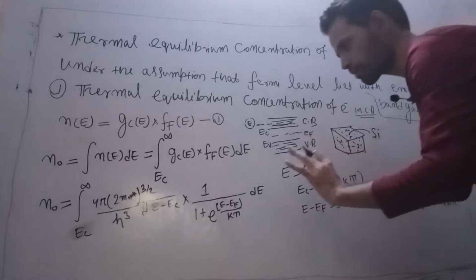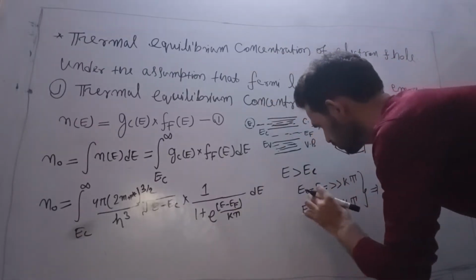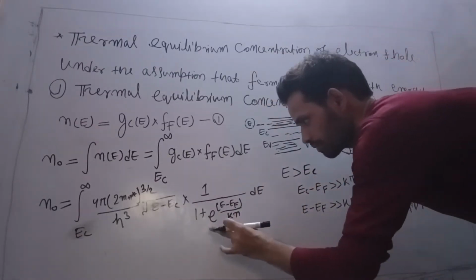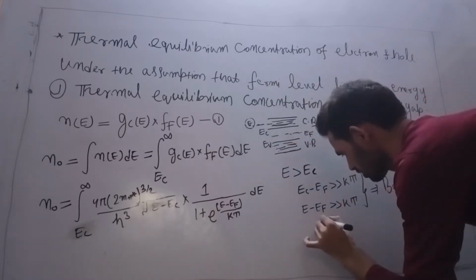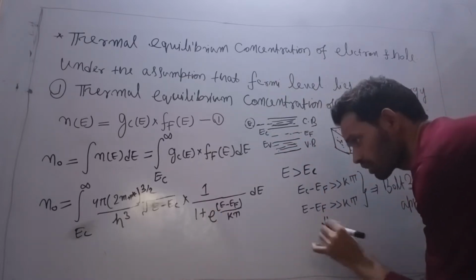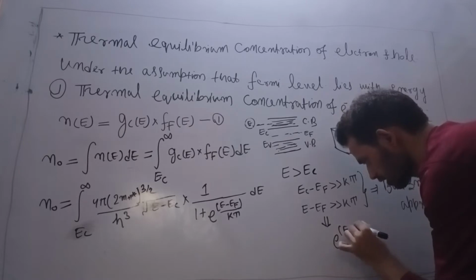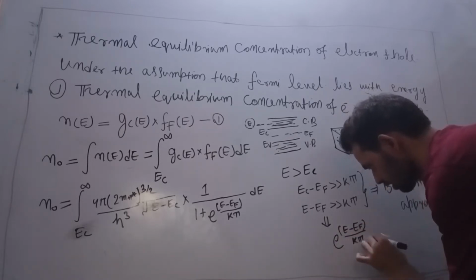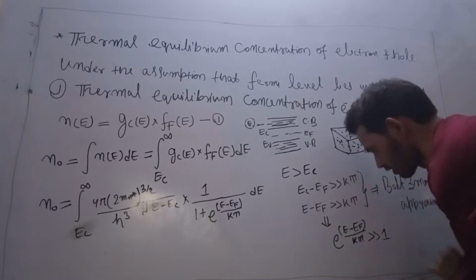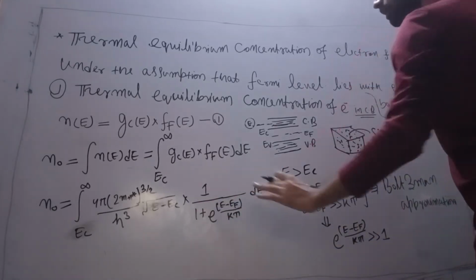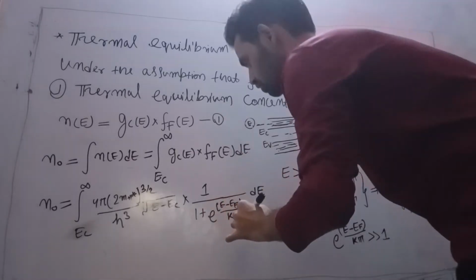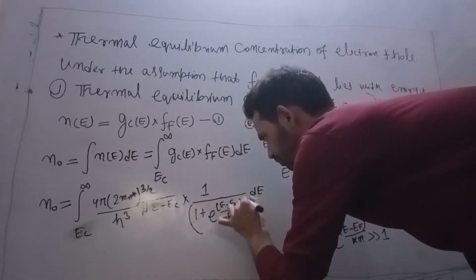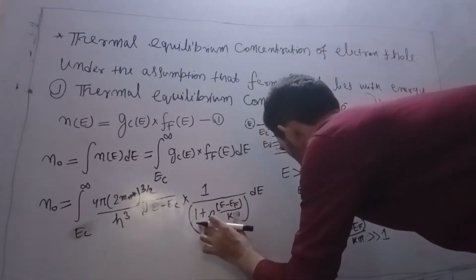Boltzmann approximation means that if this condition is valid, then (E minus EF) by KT is much greater than 1. Now we can neglect this 1 from the denominator.